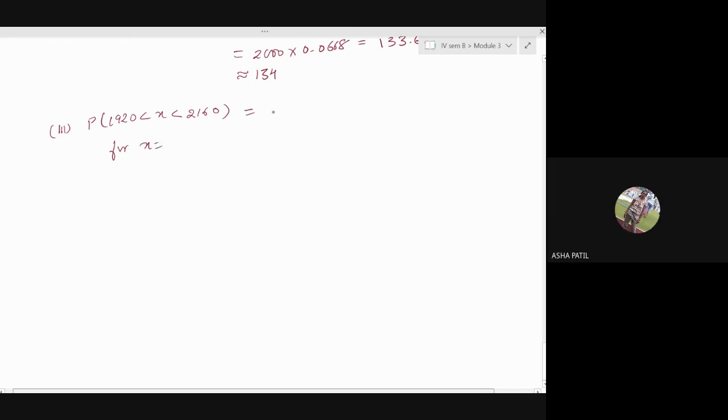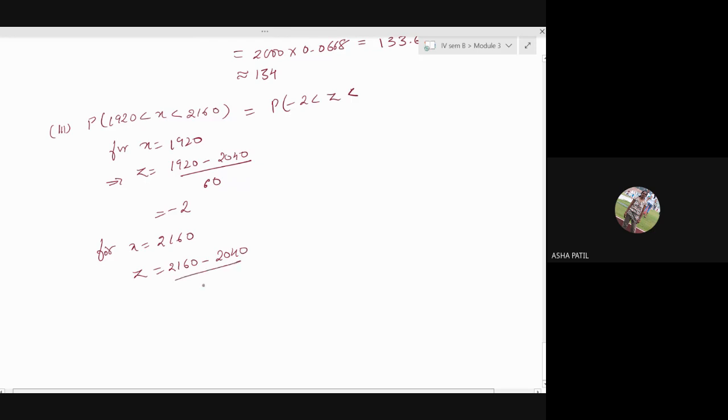Then X equal to 2160, how much is that? Plus 2. So this is the probability that Z lies between minus 2 and plus 2.